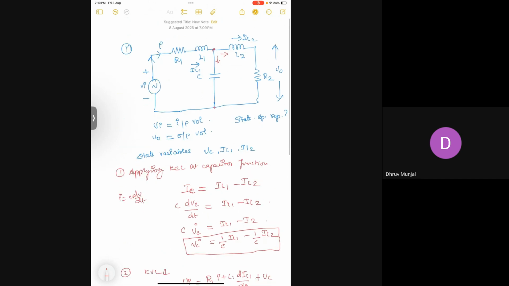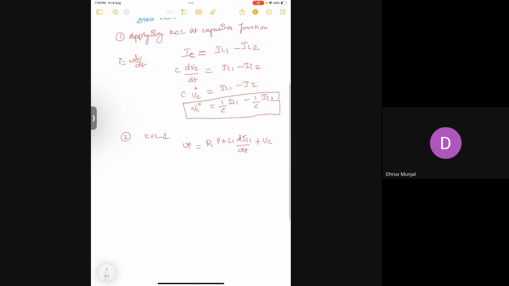But this is in series, so whatever current is flowing through here will flow through here also. So instead of I, I'm going to write it in terms of IL1 itself, for ease of consideration.